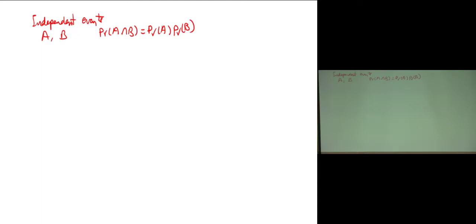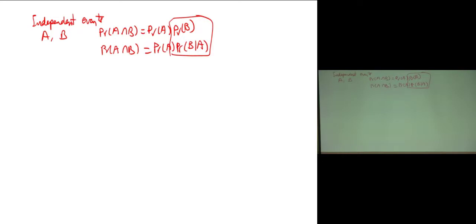You must be able to show that this is correct. That means the joint probability equals the product of the marginals, or the product of these two events. Of course, another form to say it is that probability of A intersect B is equal to probability of A times probability of B given A. All right? So this is another way to say that A and B are independent.